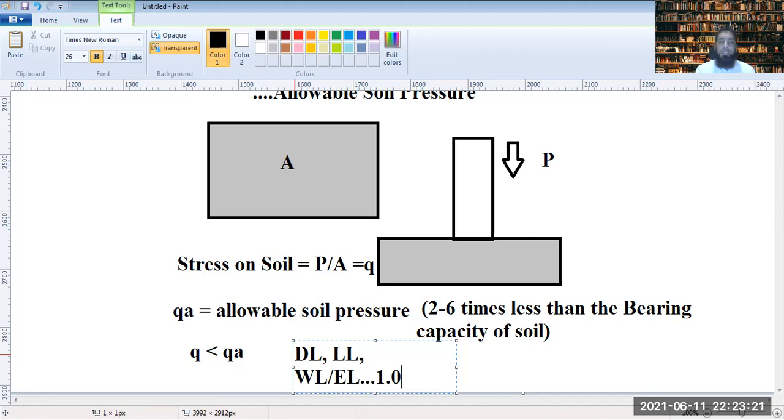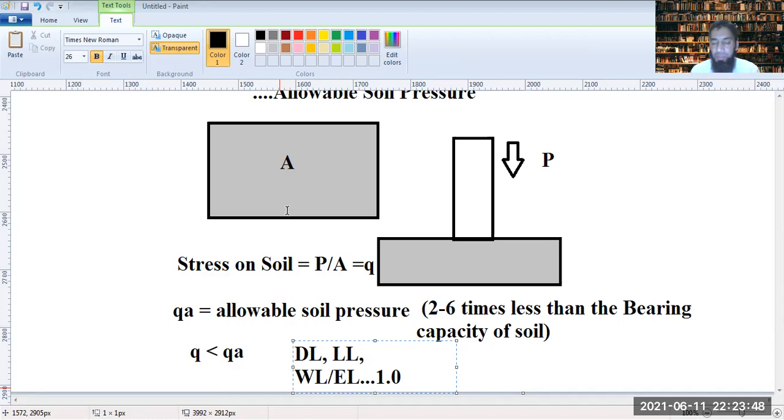So the serviceability limit state is considered enough, and thereby the load factor applied is just one. There is one more important thing that we need to take into account: while we are determining the soil pressure QA, that has to be determined at a certain depth.